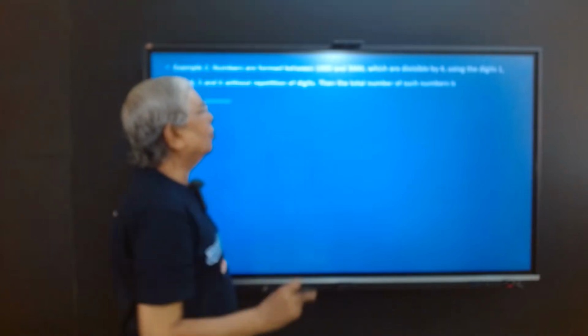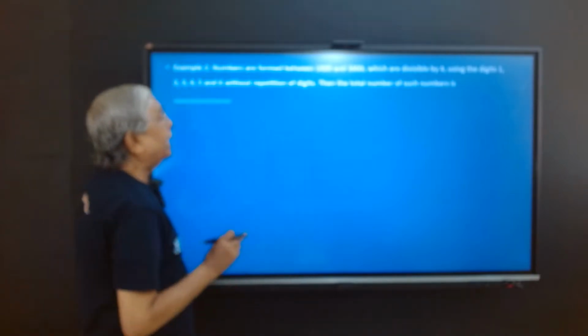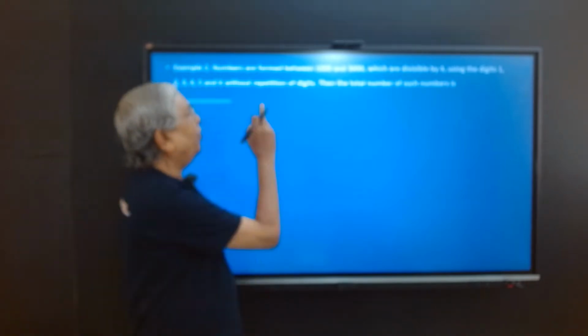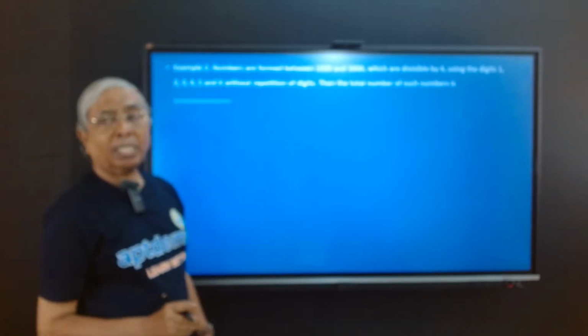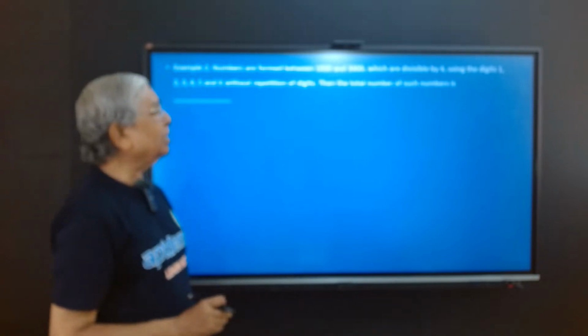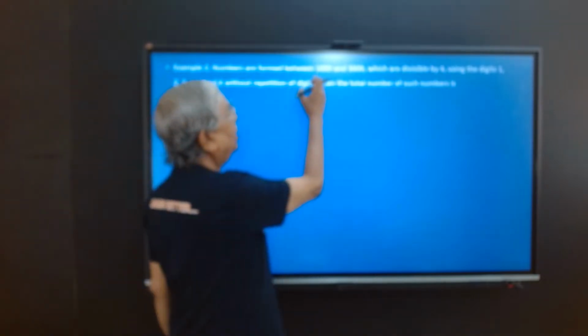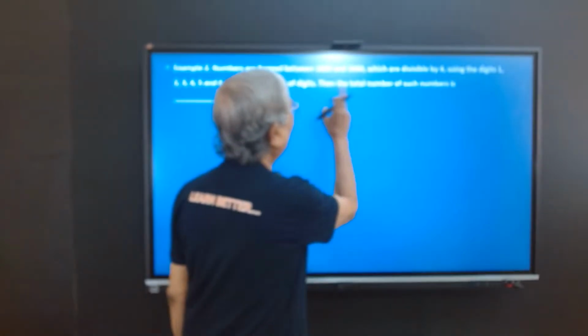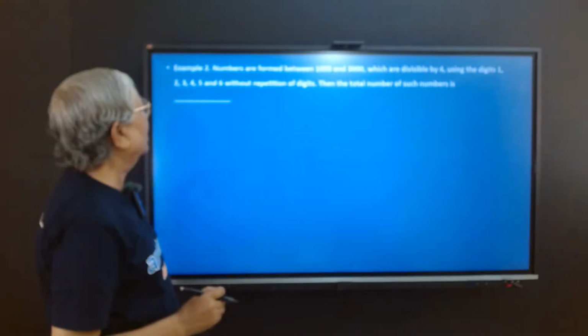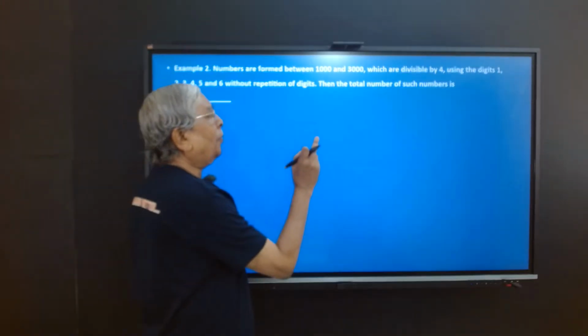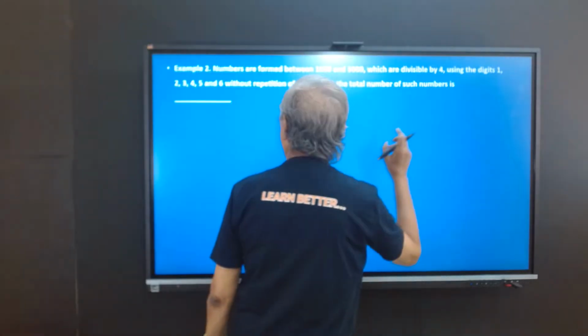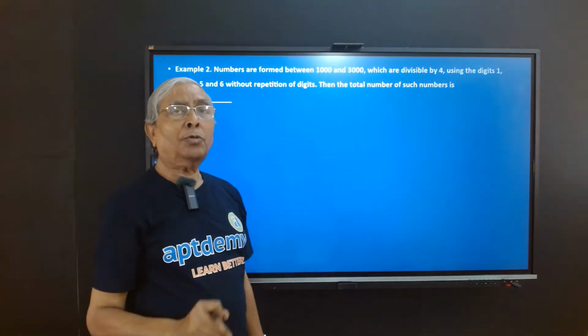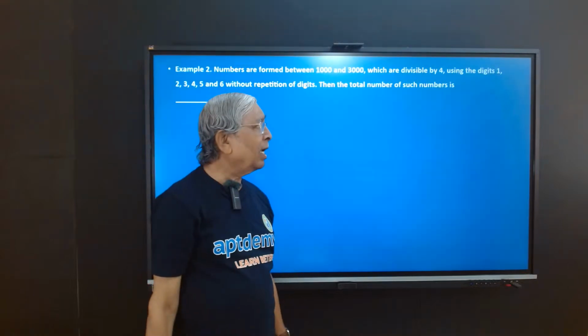The numbers between 1000 and 3000 will be 4-digit numbers, formed by the digits 1, 2, 3, 4, 5 and 6.